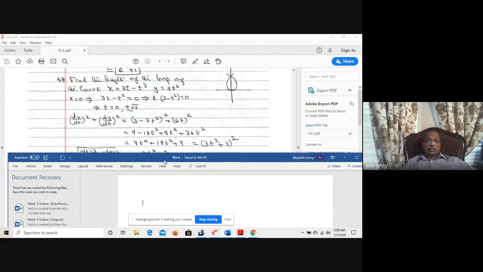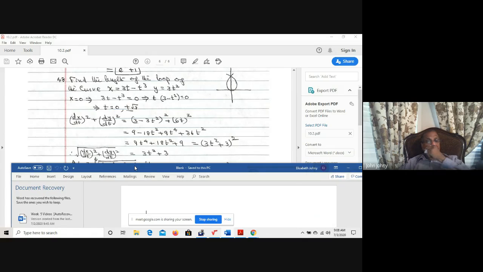Combine like terms, you get 9t to the 4 plus 18t square plus 9. That is the same as 3t square plus 3 the whole square. So the square root of dx over dt the whole square plus dy over dt the whole square is 3t square plus 3. So the algebra part is the difficult one.